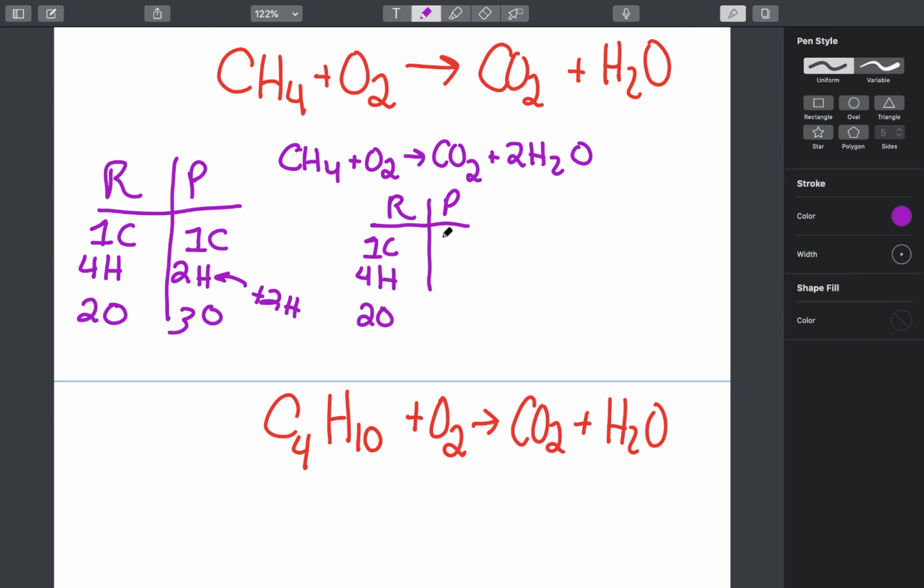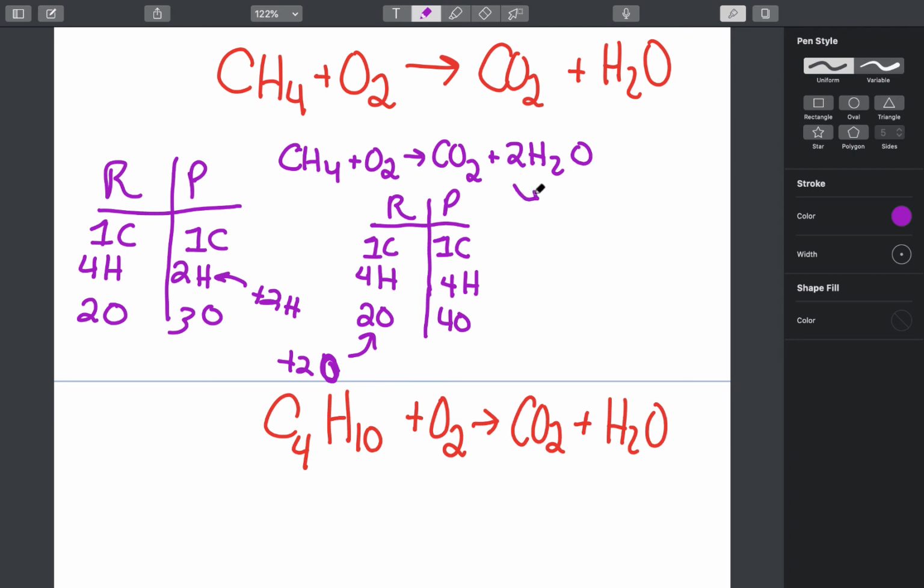And we now have 1 carbon on the product side. We have 4 oxygen and then 4 hydrogen. So now we need to add 2 oxygen on the reactant side.